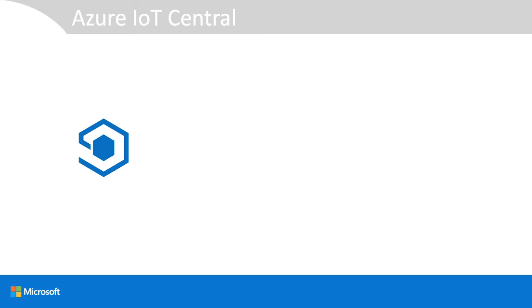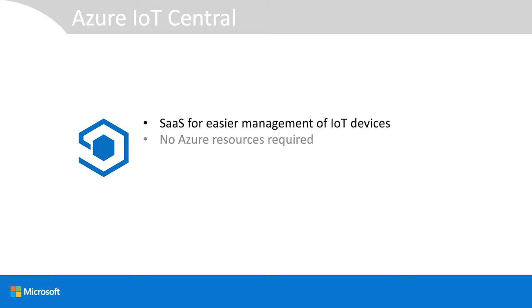Azure IoT Central is a SaaS offering that makes it easy to configure and to view telemetry from IoT devices. Unlike IoT Hub, IoT Central doesn't require any Azure resources because, since it's a SaaS offering, you interact with a pre-existing resource that Microsoft owns and manages using a web browser.